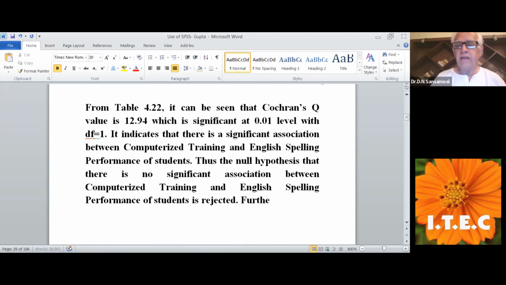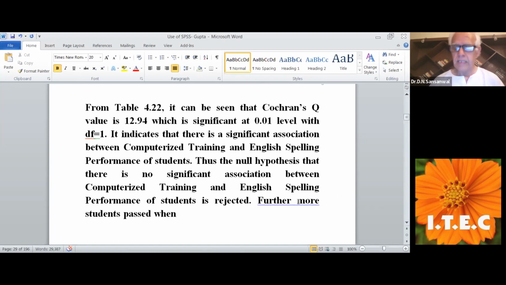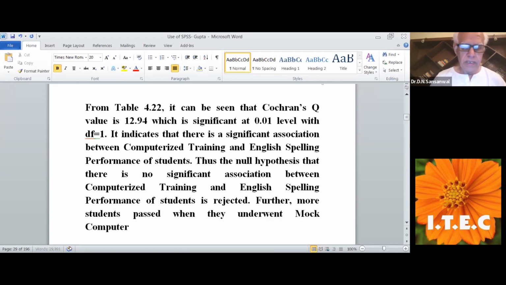Further, more students passed when they underwent mock computerized training.